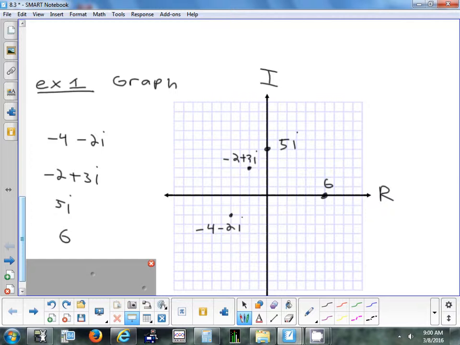Okay, and that will be on the test, changing it to trig form. Okay, any questions on that? Okay, just a reminder about your quadrants. That's 1, 2, 3, and 4.